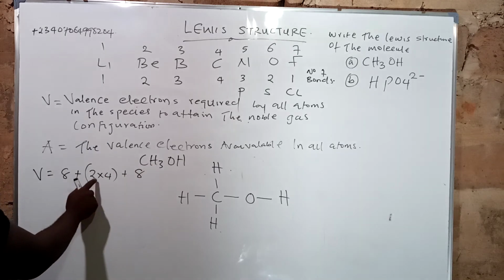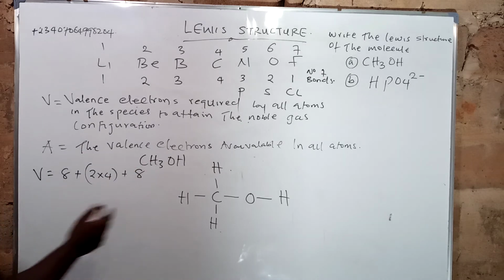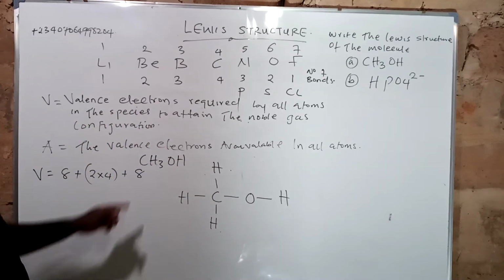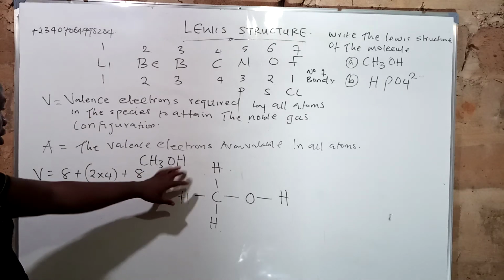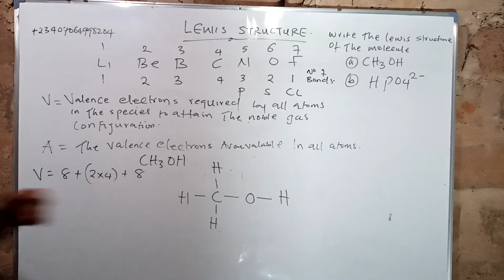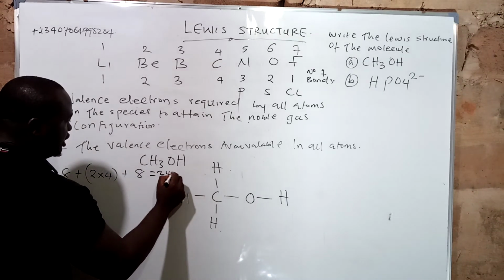That's why I said 2 times 4. Of course, carbon is 8. Like I said, apart from hydrogen, every one of them is 8. So you can see we have 4 hydrogen, carbon which is 8, and oxygen which is 8. If you punch that in your calculator, what you should get is 24. So this will give you 24 electrons.